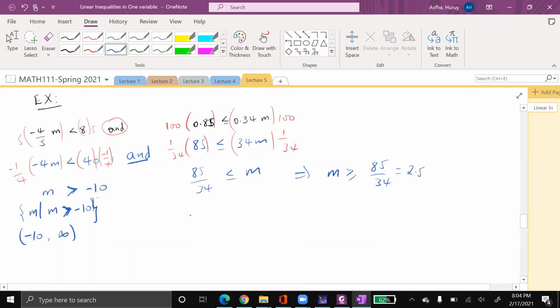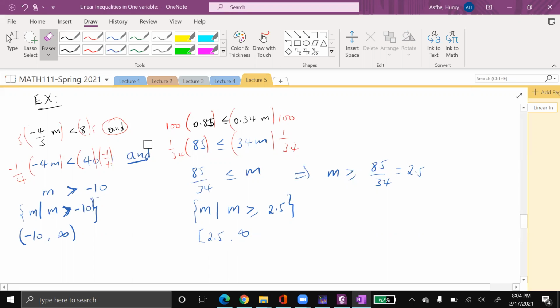So what does it mean? This means m such that m is greater than or equal to 2.5, or we can write this one as 2.5 to positive infinity.